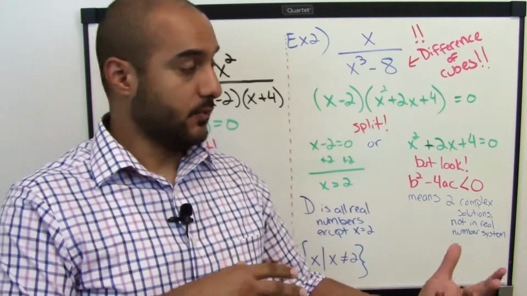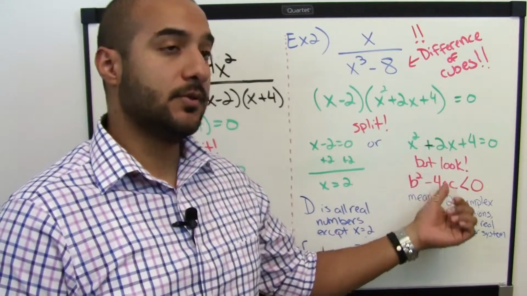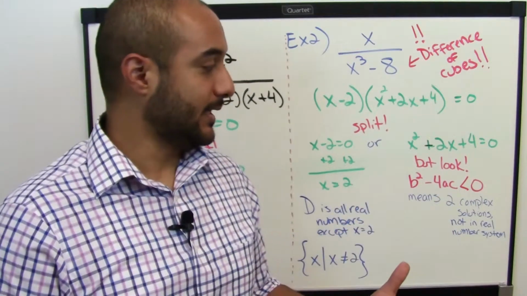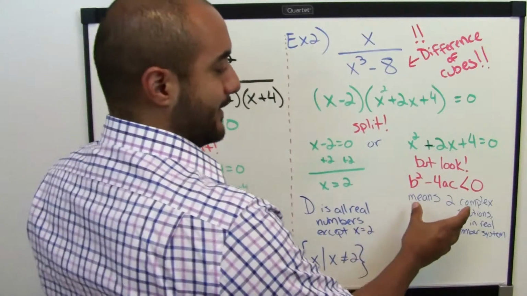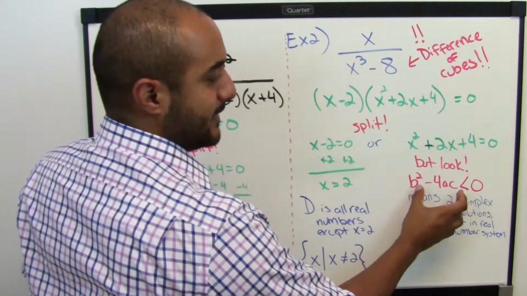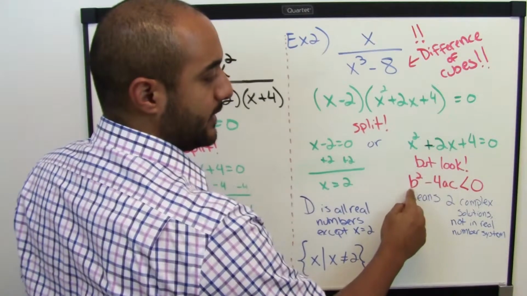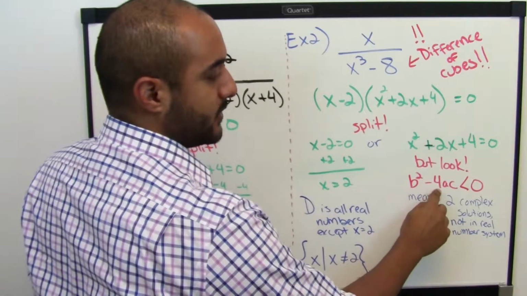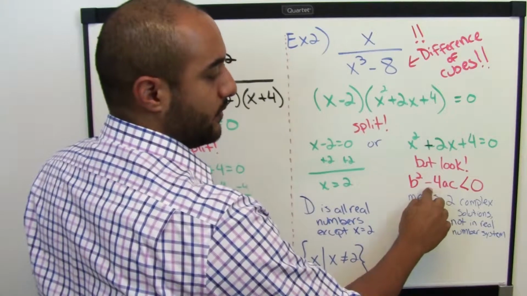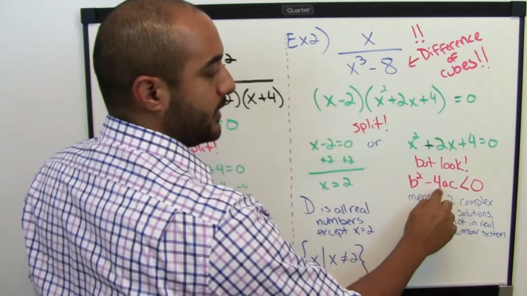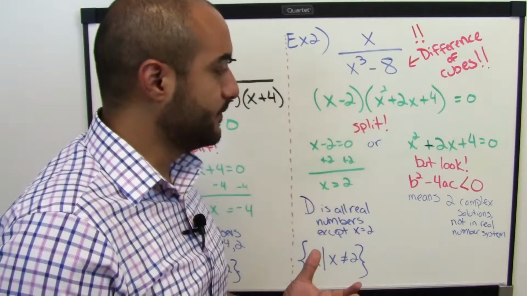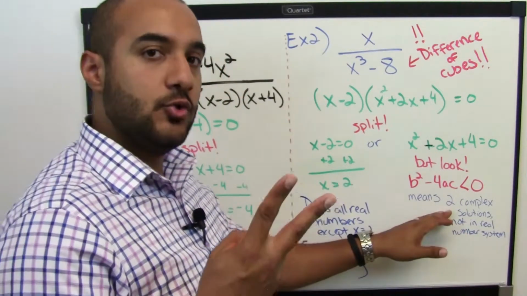If you remember, when you're messing with your quadratics, you can look at the discriminant, which is what I did here, to see how many solutions I can get. And I see that this is less than 0, right? When I put in b squared, so it's 2 squared minus 4ac, so minus 4 times 1 times 4. That's less than 0. So that means that I get two complex solutions.